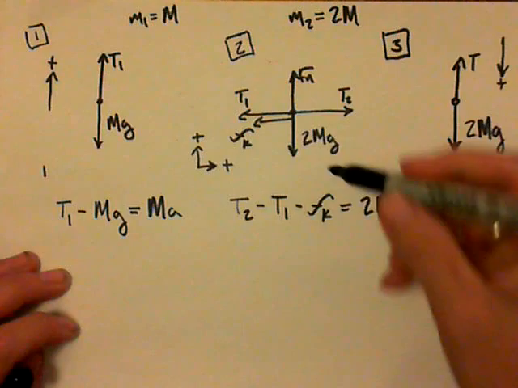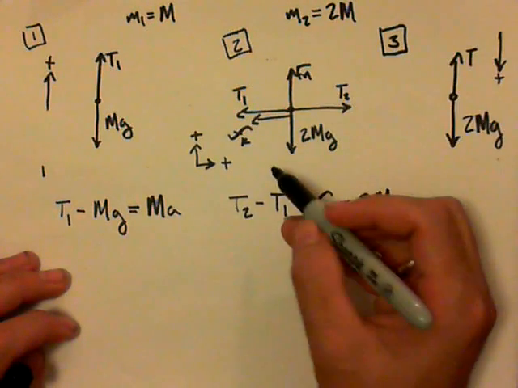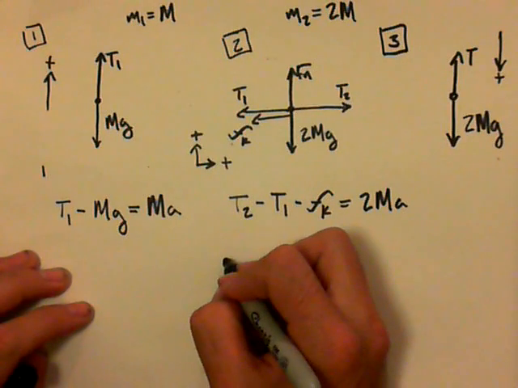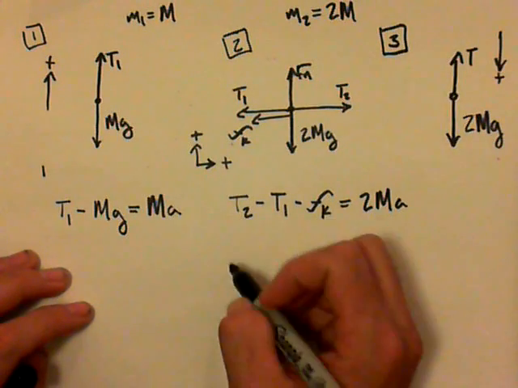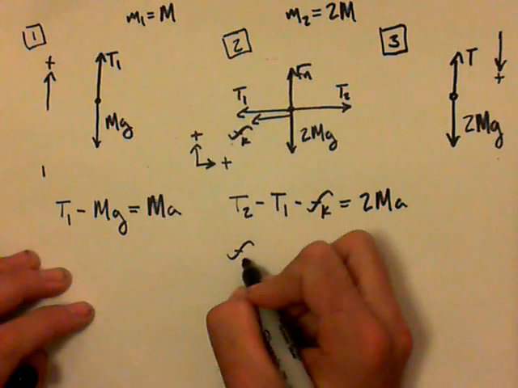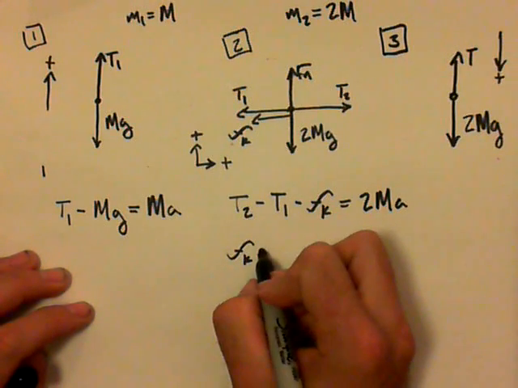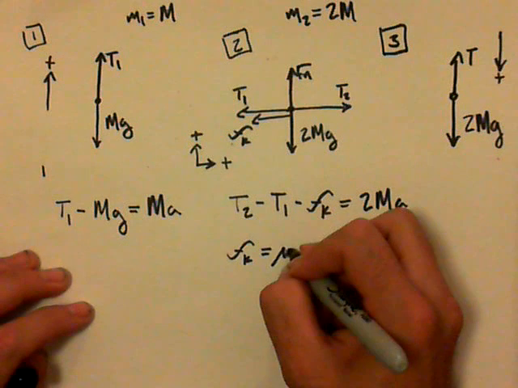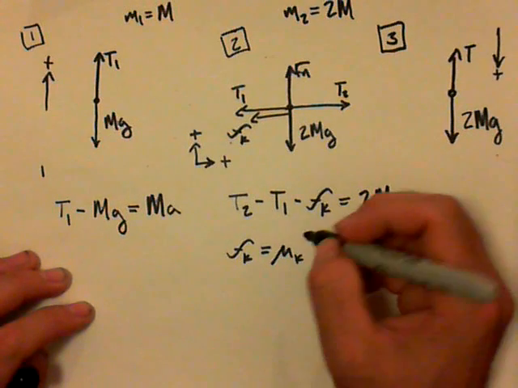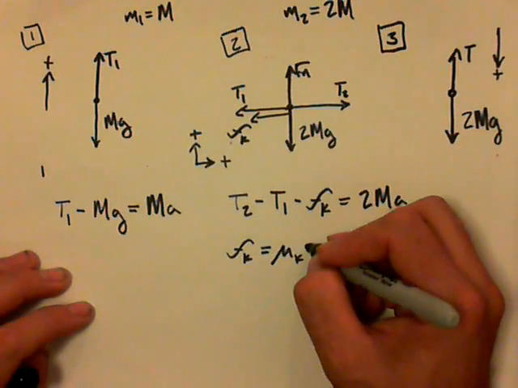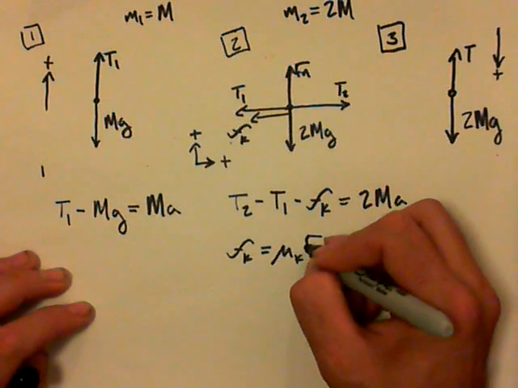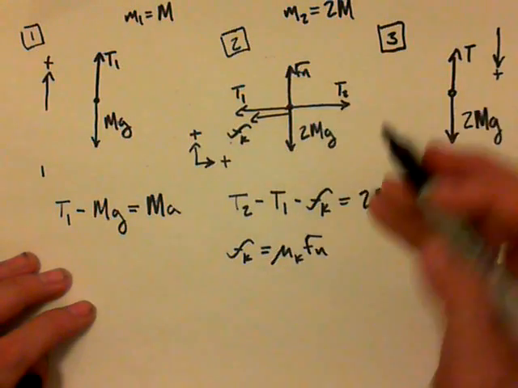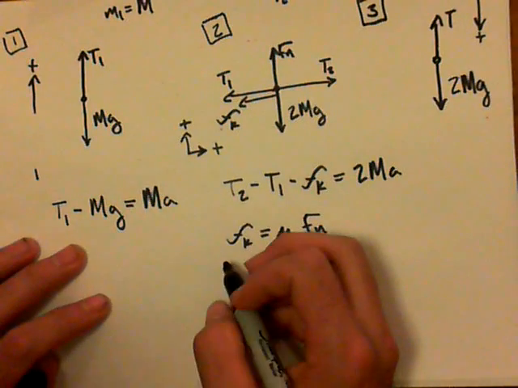Okay. So the reason I needed these is because I'm going to need an equation for my frictional force, which is going to be, our standard formula here, coefficient of friction times the normal force. And our normal force here, we'll have an equation for that too.